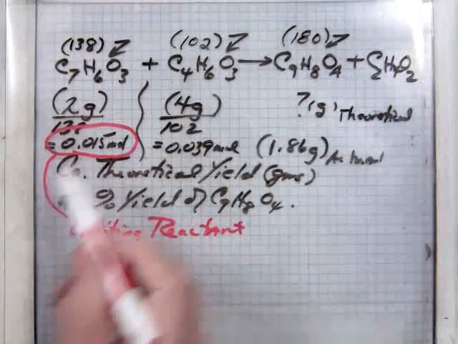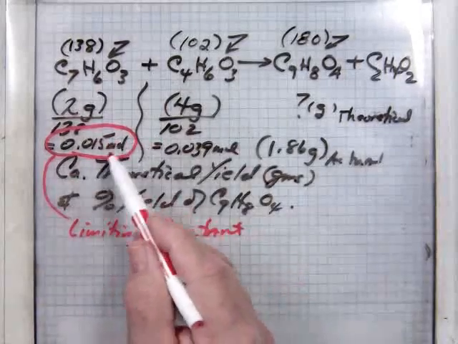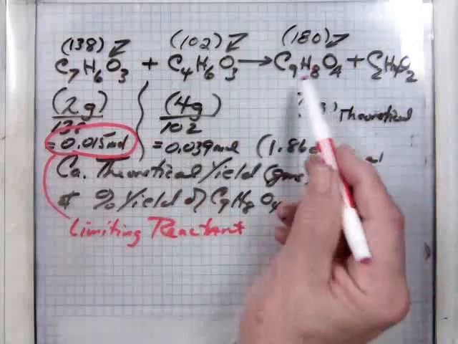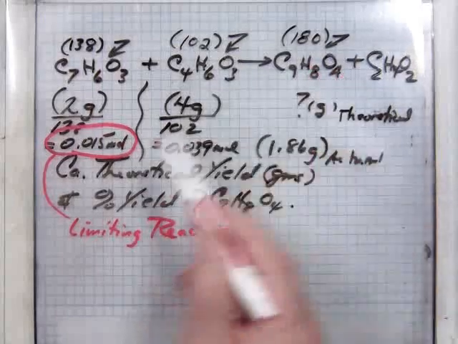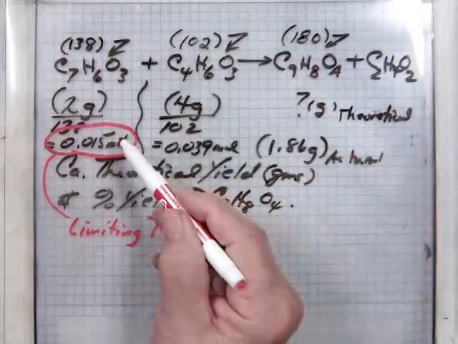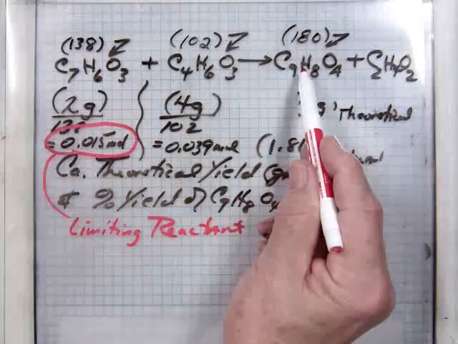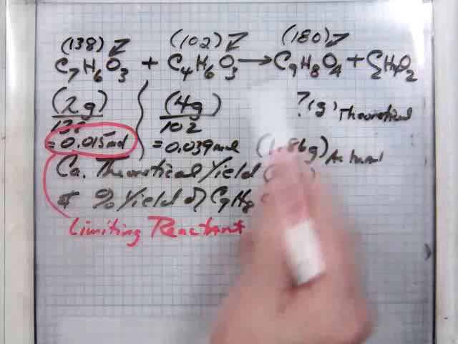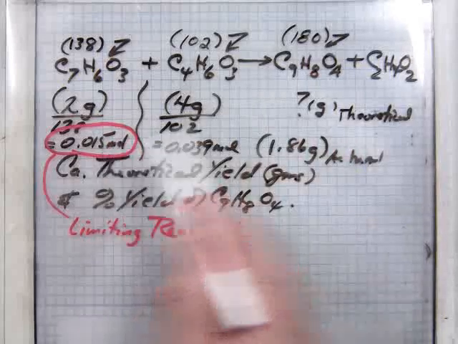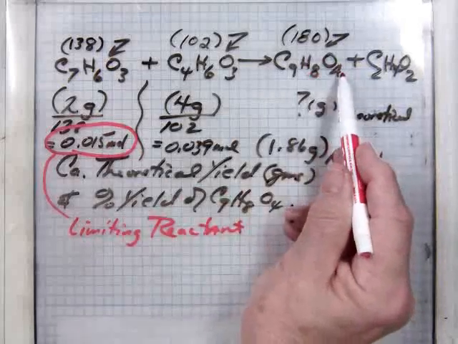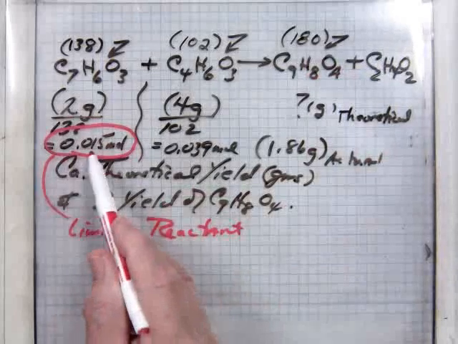So our problem is the moles of C9H8O4, whatever it is dependent on this. So since it's a 1-to-1 reaction ratio, then you can conclude quickly that the moles of C9H8O4 theoretically is going to be 0.015.